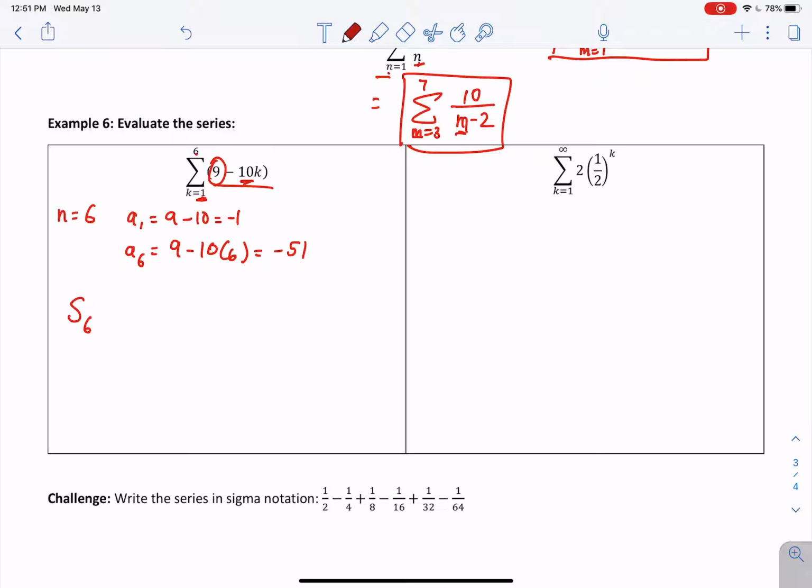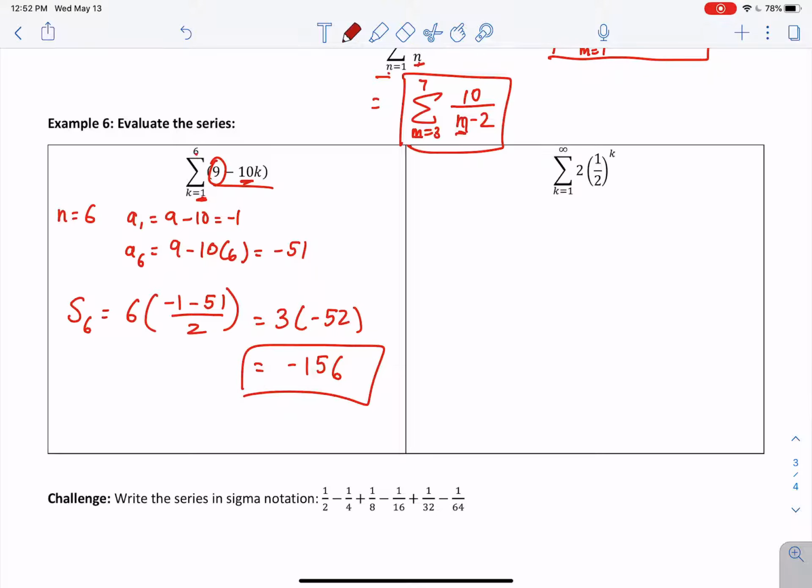So this is sum of 6 terms, which is 6 times first term plus last term divided by 2. So this would be 3 times negative 52, which is negative 156.